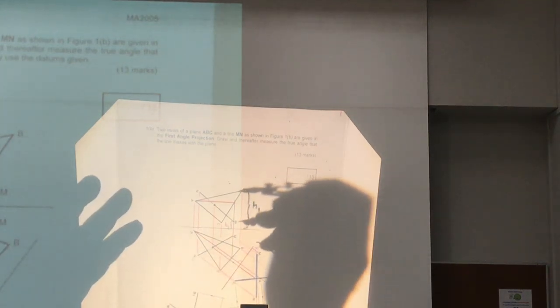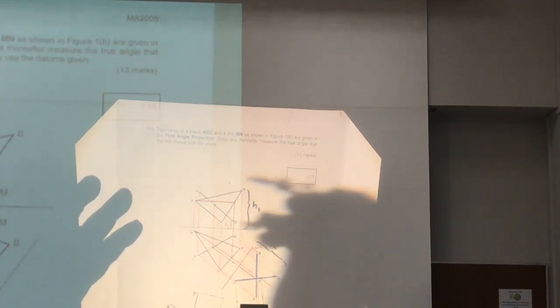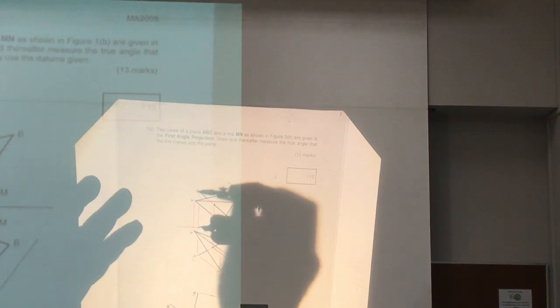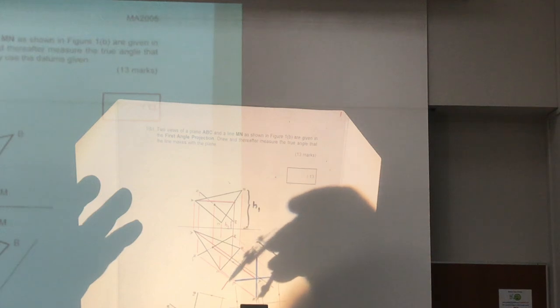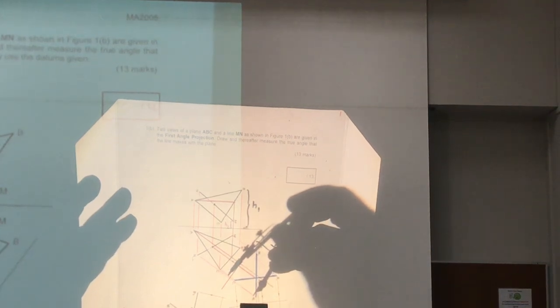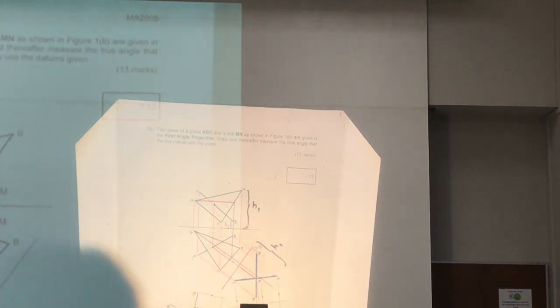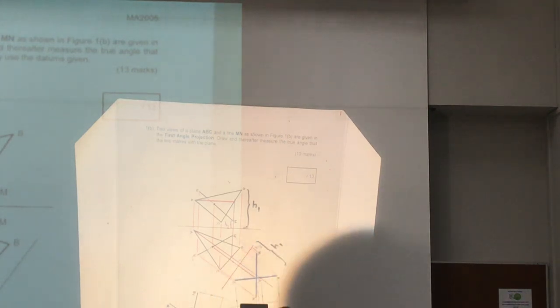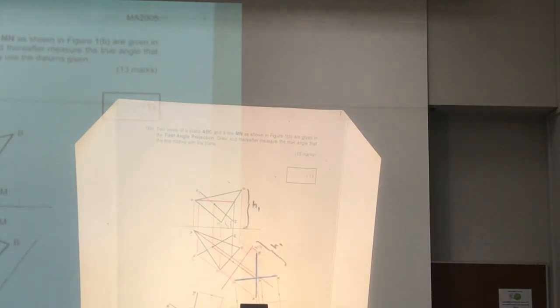Since your vertical height is taken in this manner, for N it is from here to here, and then transfer over to here. Follow? Alright. Now we have two lines across. What is the best step next?